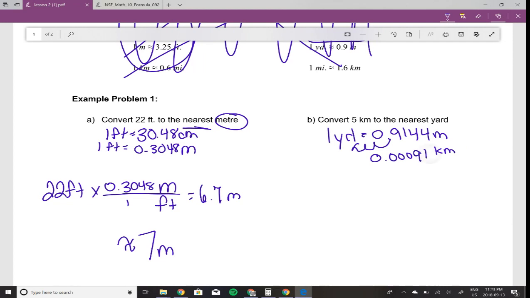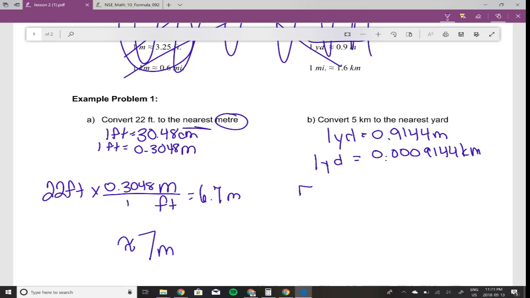So it's a super small number. I'm going to have to fix that up. 0.0009144 kilometers. So that's my conversion factor from yards to kilometers. It's a super small number, but it will work out.